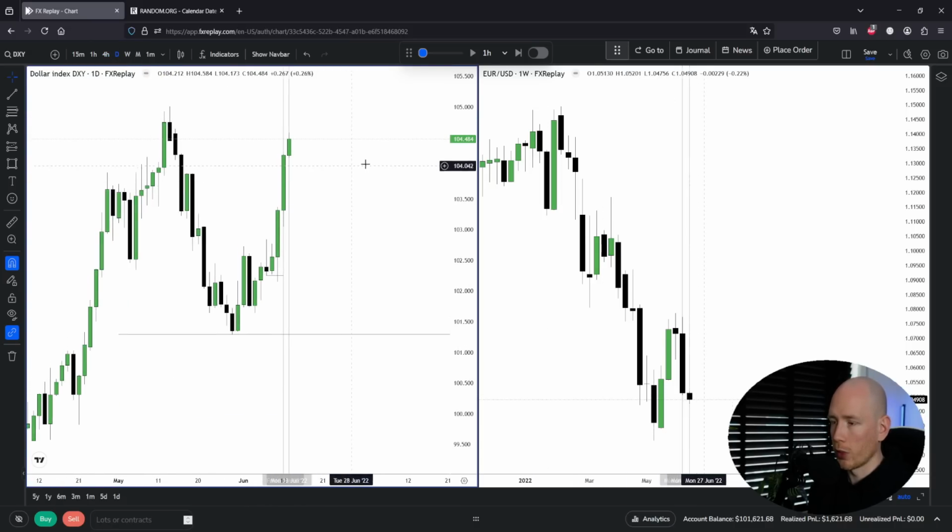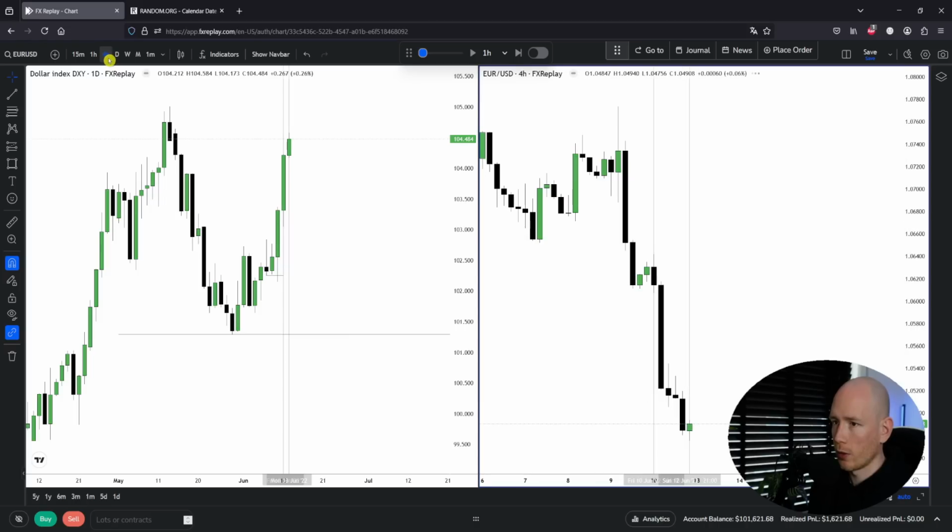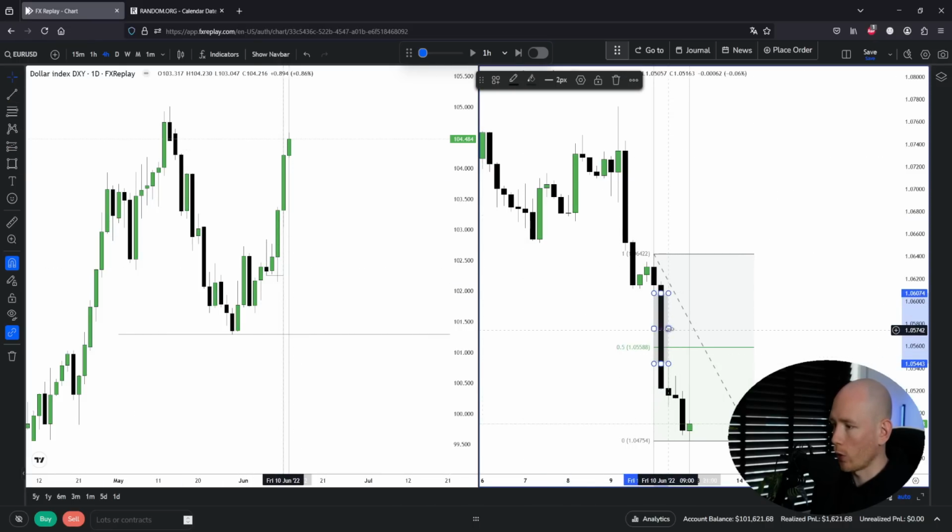This is in a big expansion phase right now, so it might be hard to find a retracement, but we're going to use this one over here. And we have a fair value gap. So this is the only area where I want to be a seller. So we need to wait for a retracement.